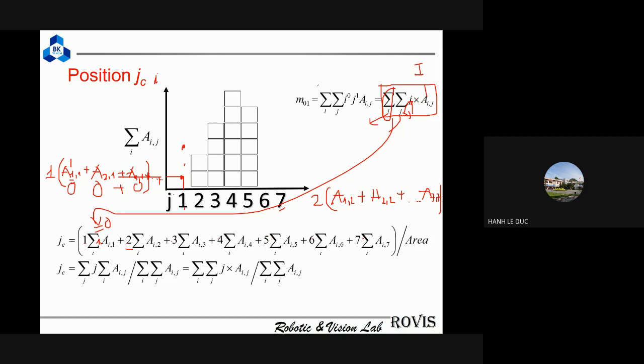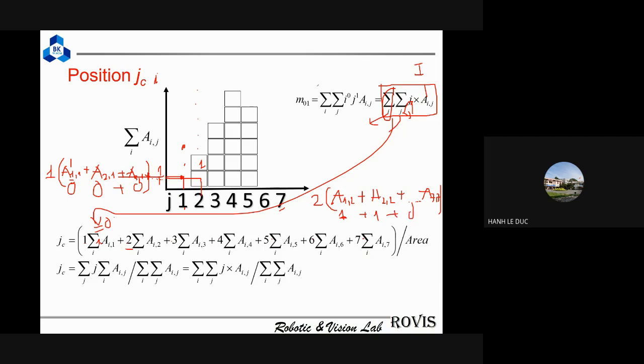So what is A12? 1 here and 2 here, so it becomes 1, because the intensity is 255. A22 is also 1, so plus 1. And the remaining are 0.